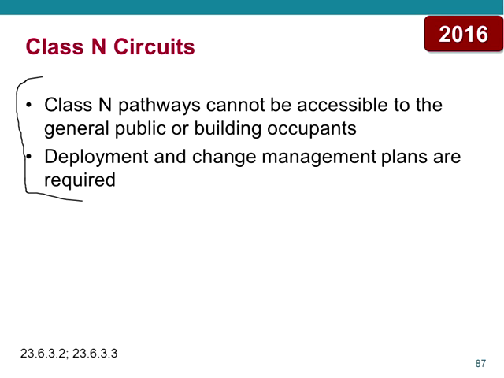So again, we're putting more controls on Class N circuits, because they might be mistaken by the IT folks in the building as just another IT circuit, for a computer drop or something like that. There is some inherent risk associated with newer technologies like Class N, and that's why you see some of these things being put in the code to mitigate some of that risk.